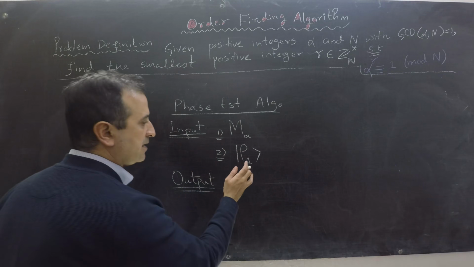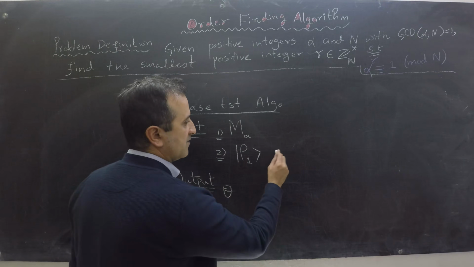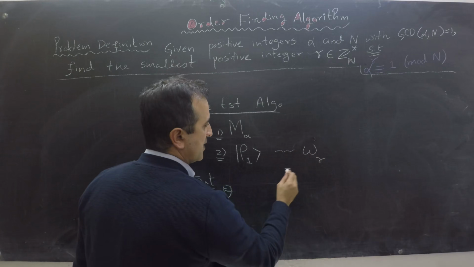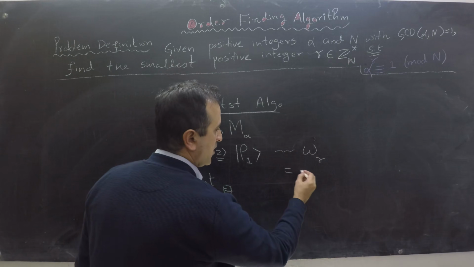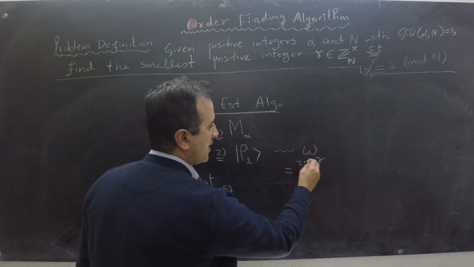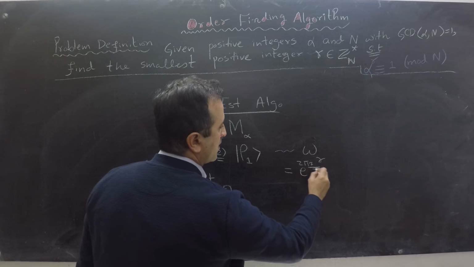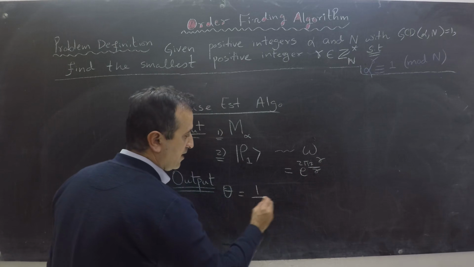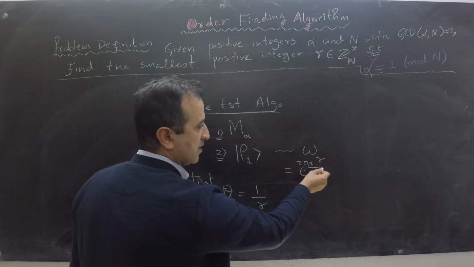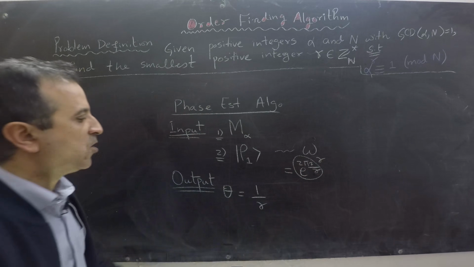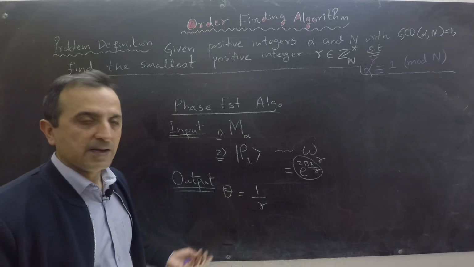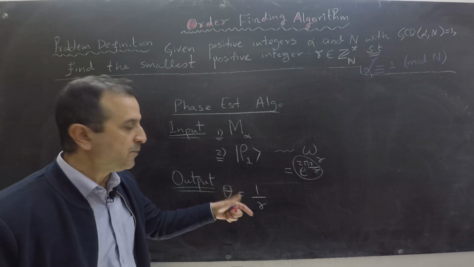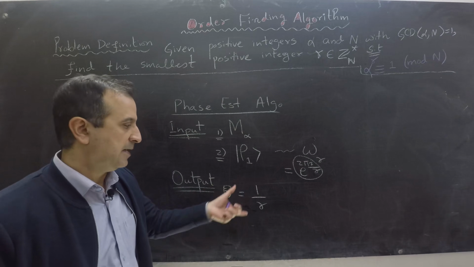I know that the eigenvalue of this eigenvector is omega r raised to power 1. So I don't have to write 1 here. It's omega r. Omega r definition is Euler constant raised to power 2 pi i over r. So in this case, my theta will be 1 over r. So I will get my output of 1 over r.